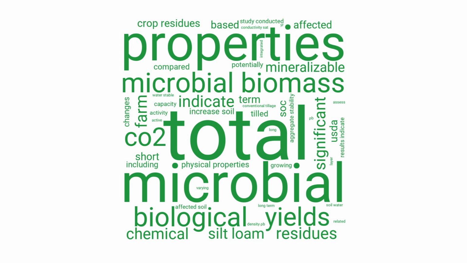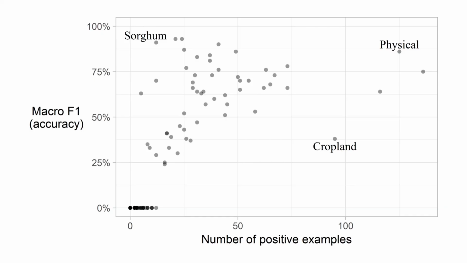And then we can also measure, given the papers that are already annotated, how accurate all these classifiers are. So there are so many tags that each one of these dots is a separate classifier. So you can see on this graph, basically it's accuracy on the y-axis, so you want it to be high, and you have the number of positive examples in the training set on the x-axis there.